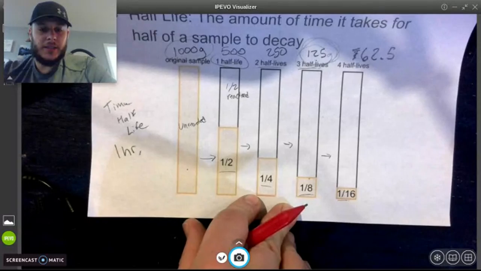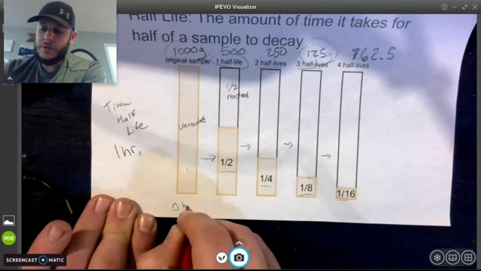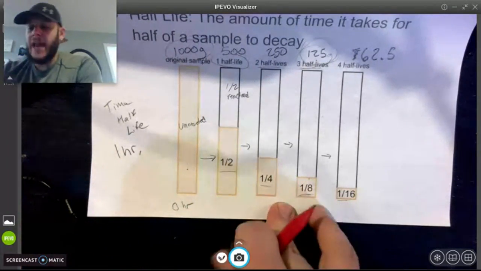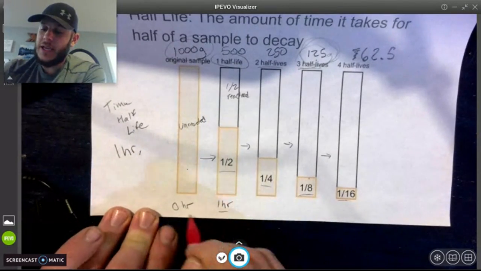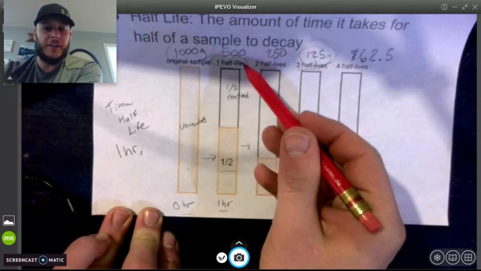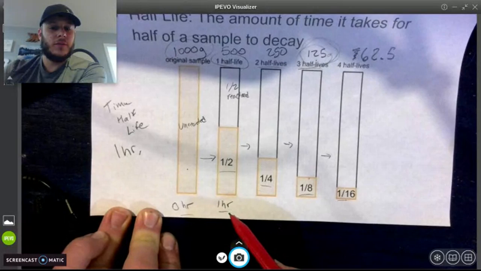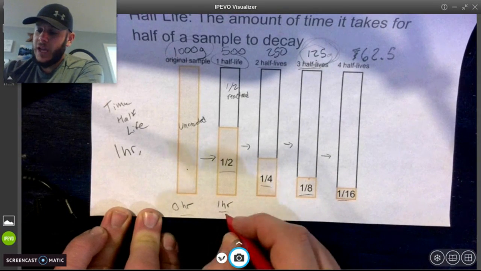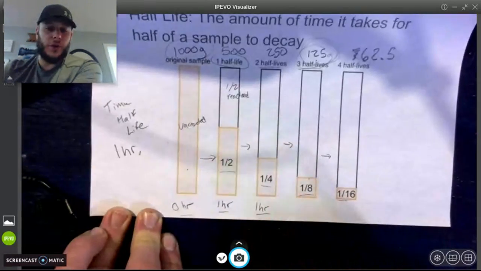So what that means in time is if I have my original sample, I start with 0 hours. And after 1 hour, I'm going to reach the first half-life. So in this situation, 500 grams would be left after 1 half-life, which would take 1 hour. Continuing along, if another hour took place, I would be left with a quarter.